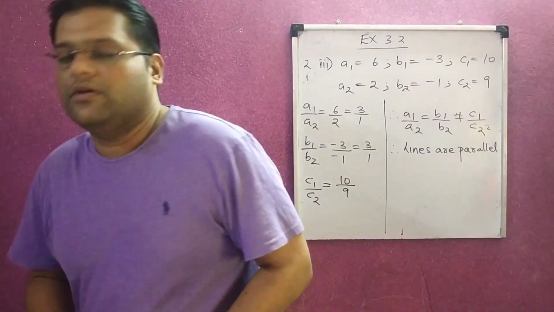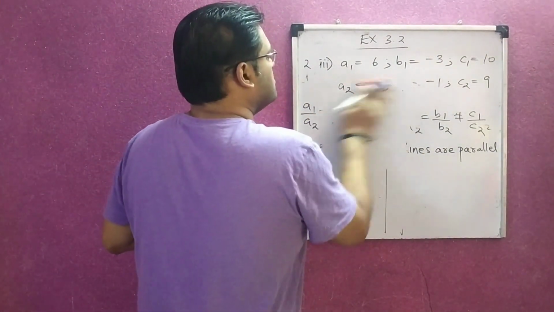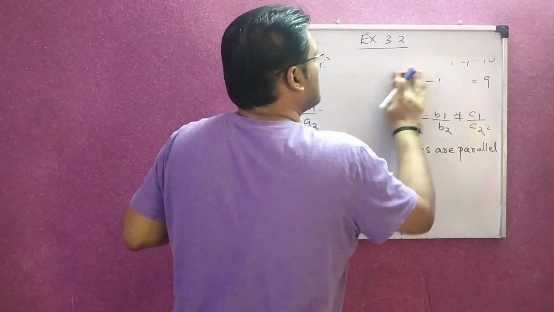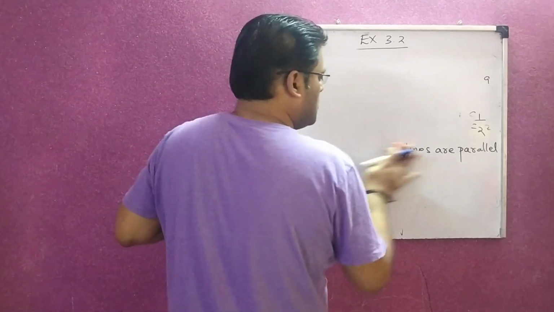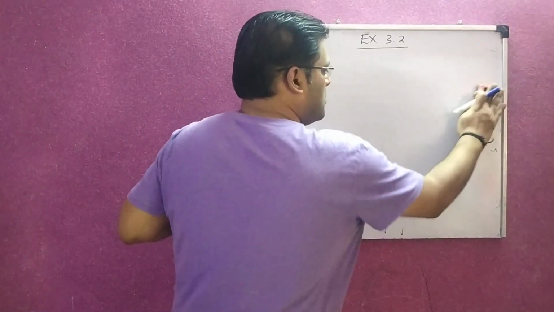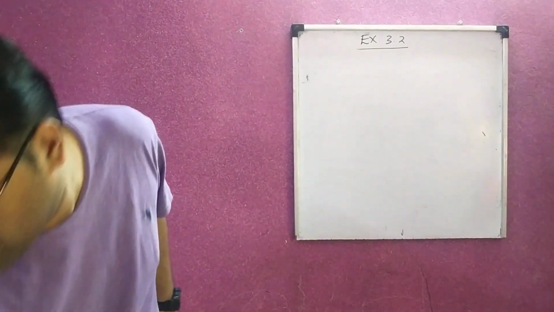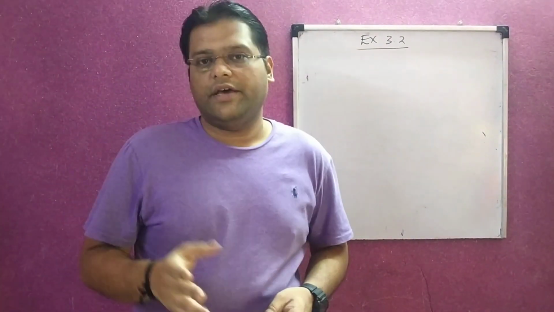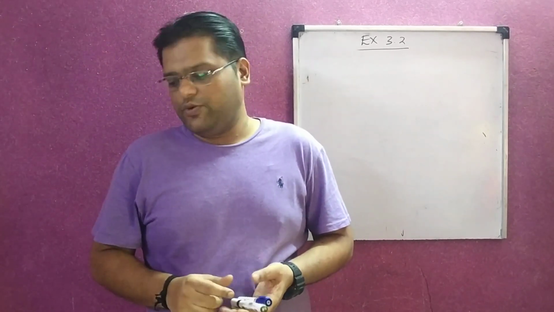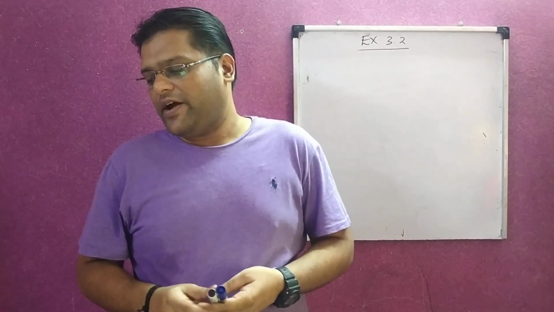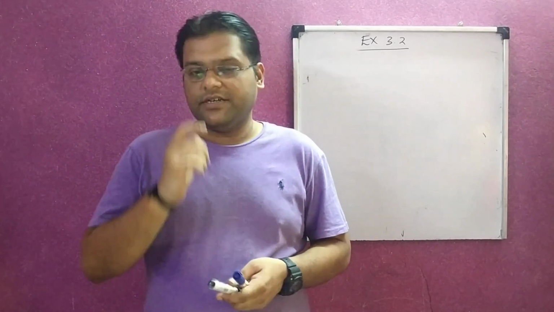Okay. Now, question number 3. I read the question. On comparing the ratios A1 upon A2, B1 upon B2 and C1 upon C2, find out whether the following pair of equations are consistent or inconsistent.